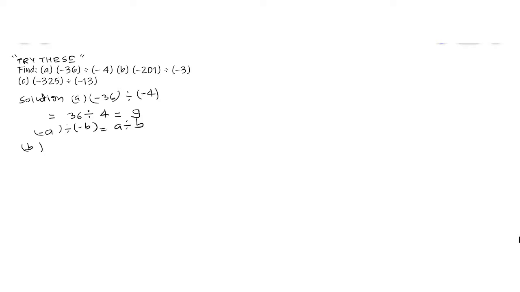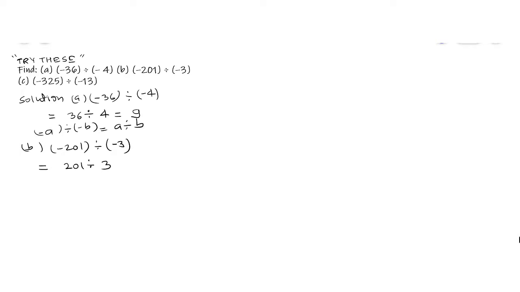We go to part B of the question. Minus 201 divided by minus 3. So we start dividing minus 201 by minus 3. This can be written as 201 divided by 3, because the property used is minus a divided by minus b equal to a divided by b.